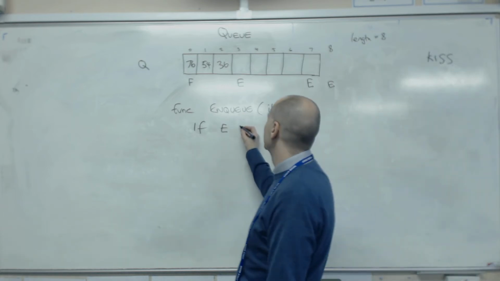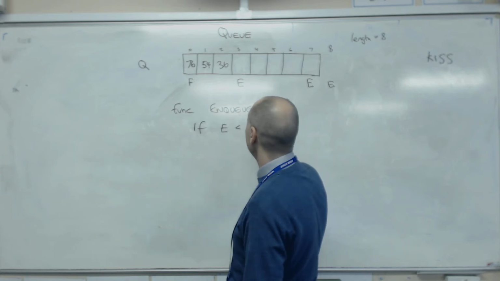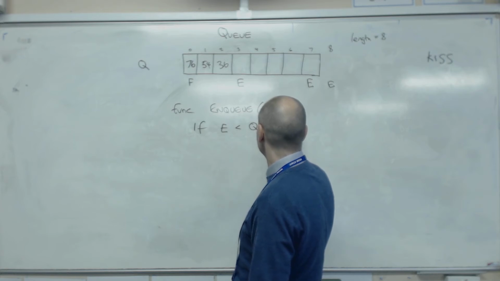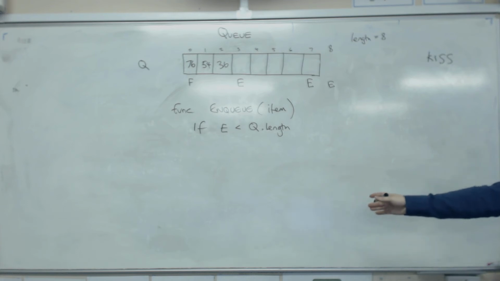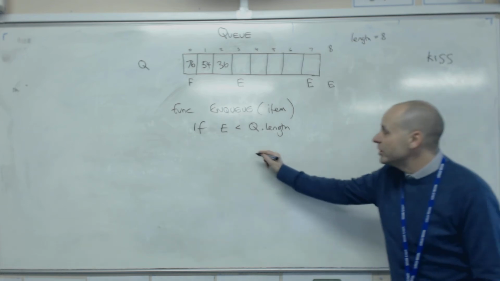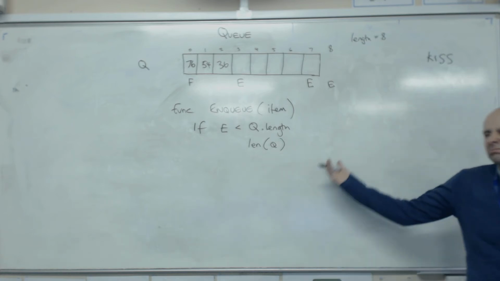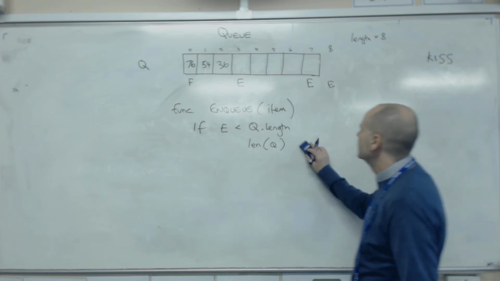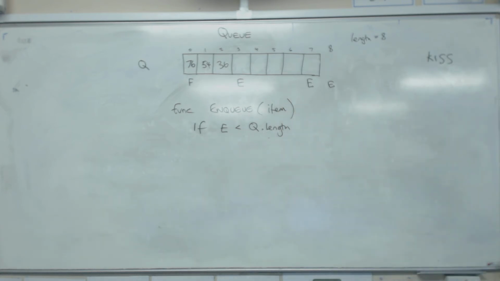So our test: as long as E is less than, I'll call it Q because I'm being lazy. Remember you can do it a couple of different ways. They'll accept that as pseudocode, or you could do it as len(Q), whichever. Just be consistent. Don't keep randomly changing things. Right. So as long as that's the case, then we're good to put something in.